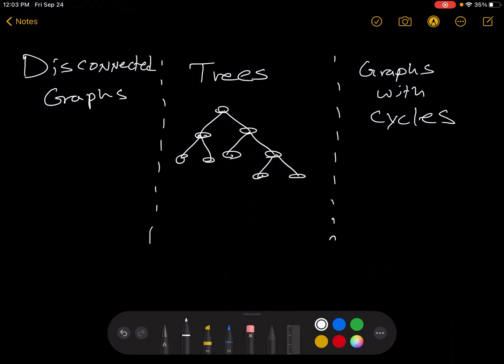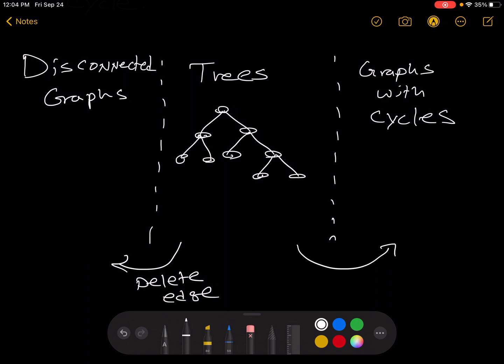The idea is that when you delete an edge from a tree, you create a disconnected graph. You move a tree from the land of trees into the land of disconnected graphs.